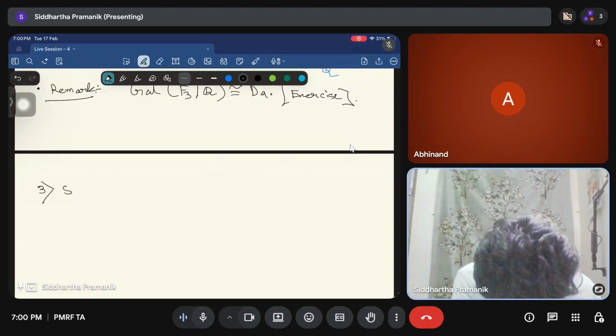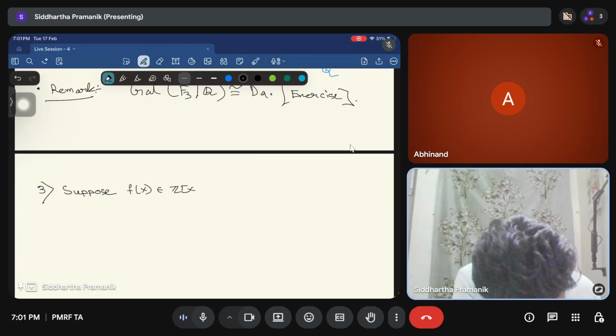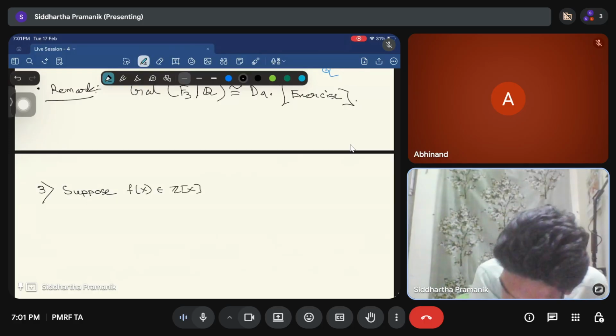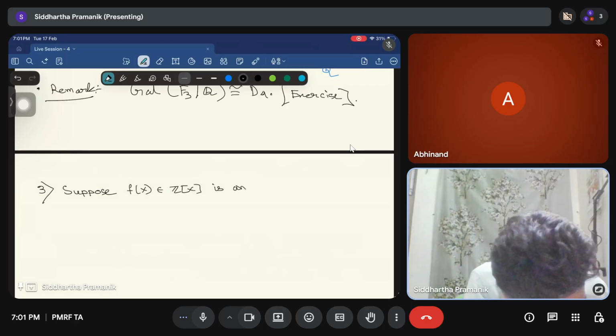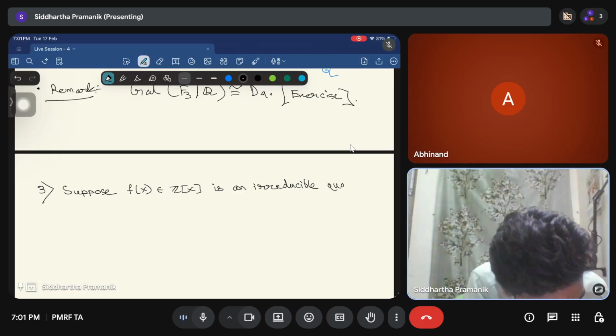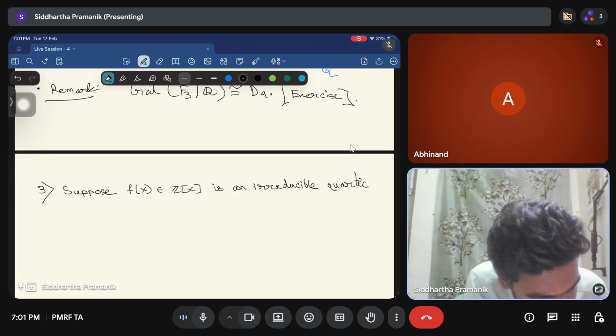So suppose f(x) belongs to the polynomial ring Z[x] and is an irreducible quartic. Quartic means degree 4.